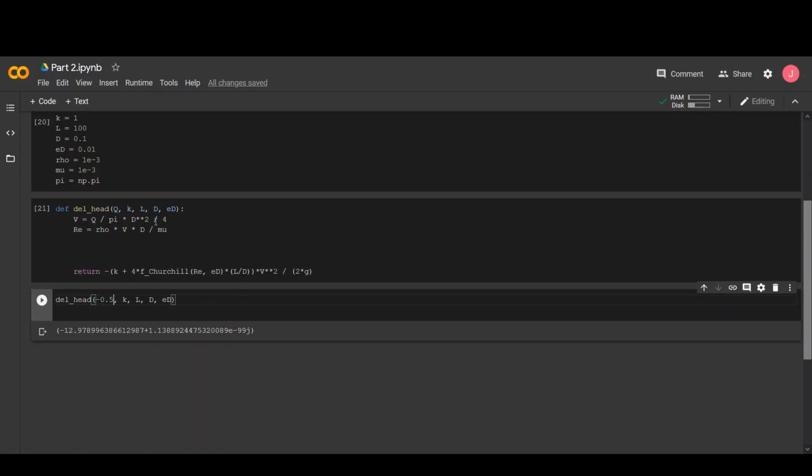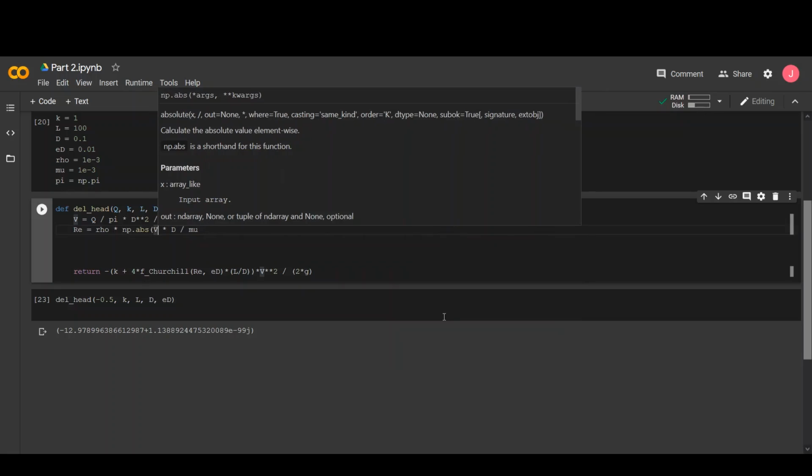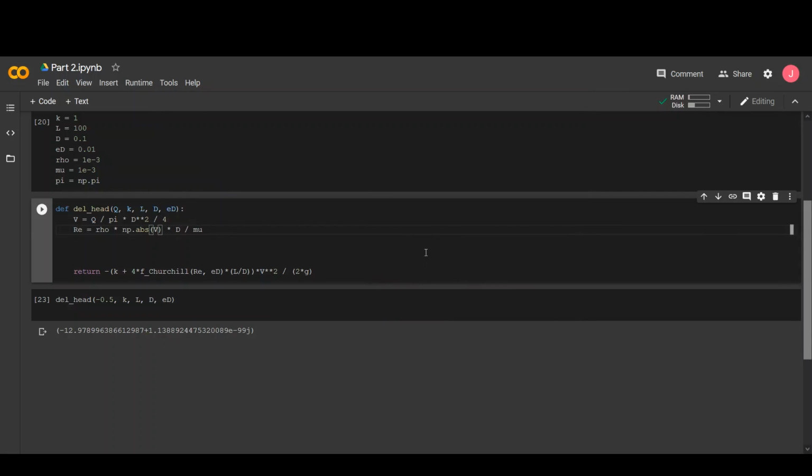If I get a negative flow rate here, Q is negative, which means our velocity is negative, which means our Reynolds number is negative. That's not right. We don't really want this to be negative ever. So for the sake of the Reynolds number, let's just take the absolute value of our velocity, so our Reynolds number is positive.